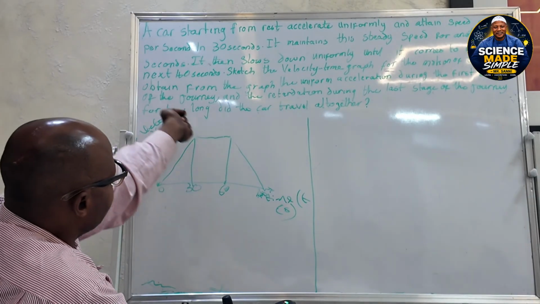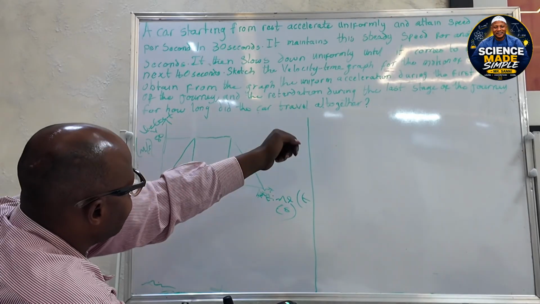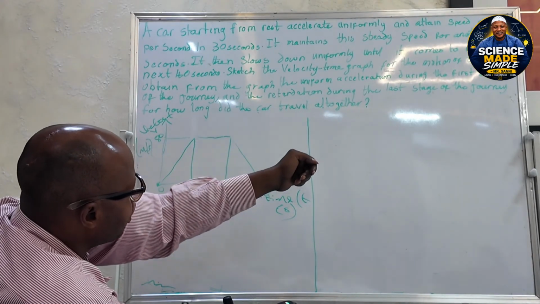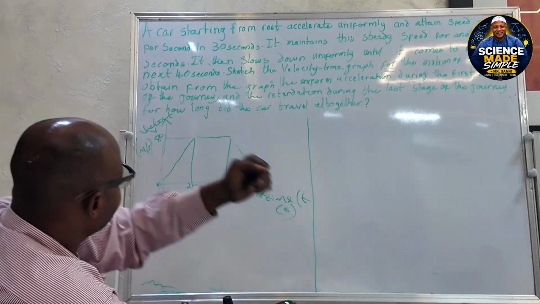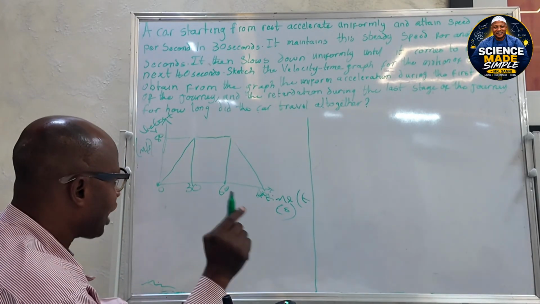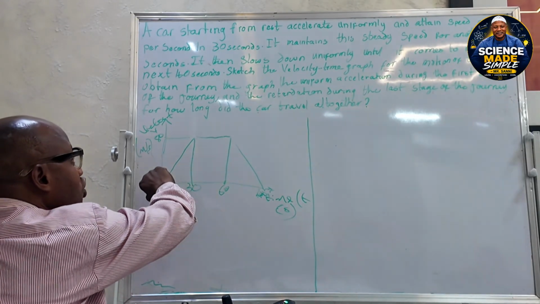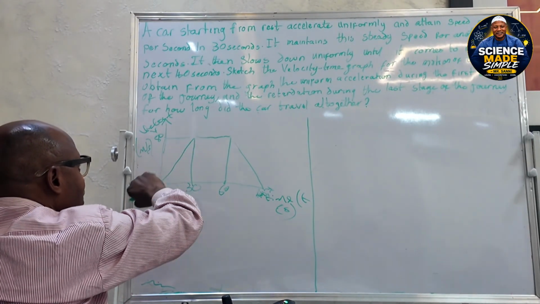Now, from the graph, find the uniform acceleration during the first stage of the journey. From the graph, this is uniform velocity.